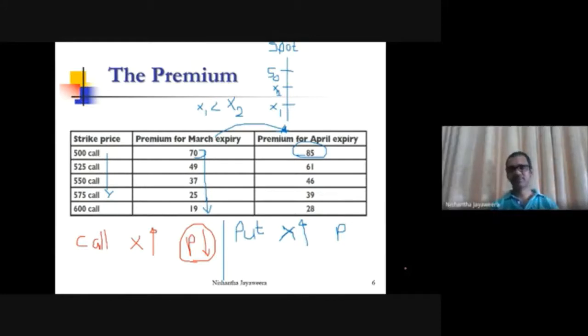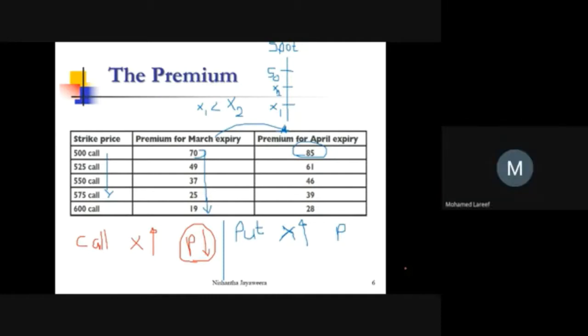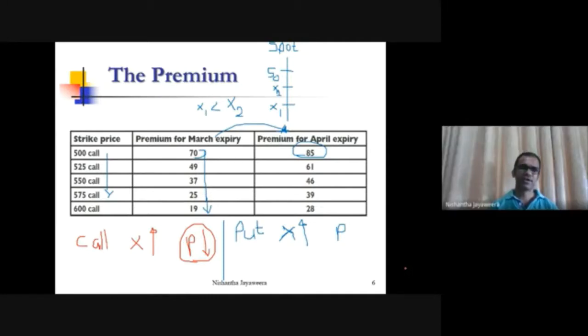That's the key. So by now you should know when to exercise your call option and when to exercise your put option. What is the right that you get when you buy a put option? Right to sell. So would you like to sell it at a higher price or a lower price? Higher price. So this is your strike price. Forget about this X1 for the time being. This is your strike price of an option. This is the current market price.